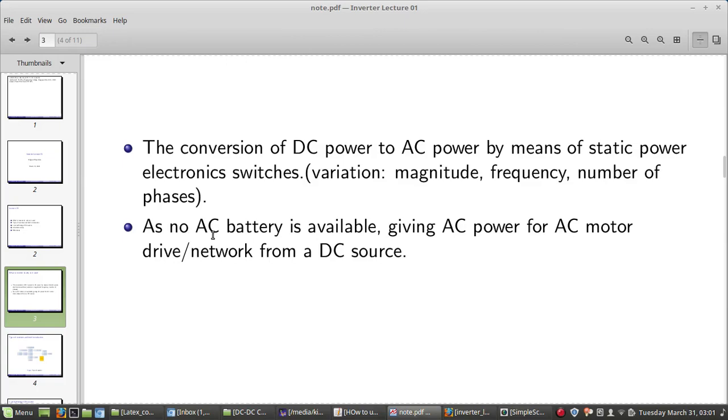As there is no AC battery, we have to store the charge in the form of DC. Hence we convert the DC to AC to give power especially to an AC motor, a drive system, or a network from a DC source. That's why the inverter is required.